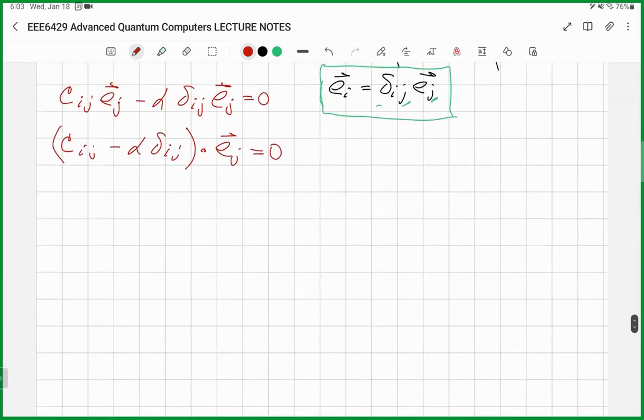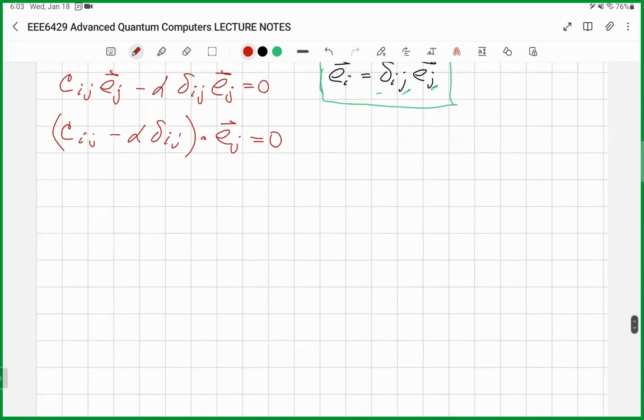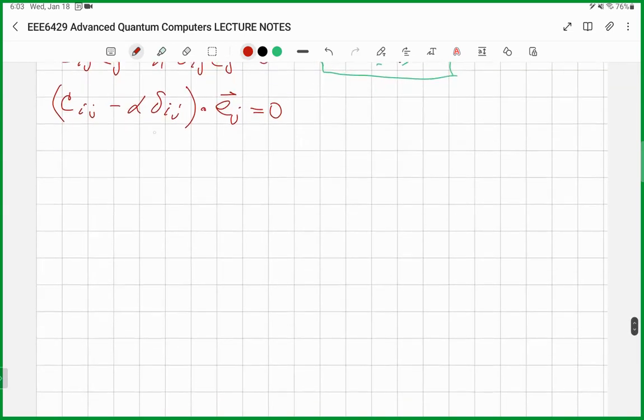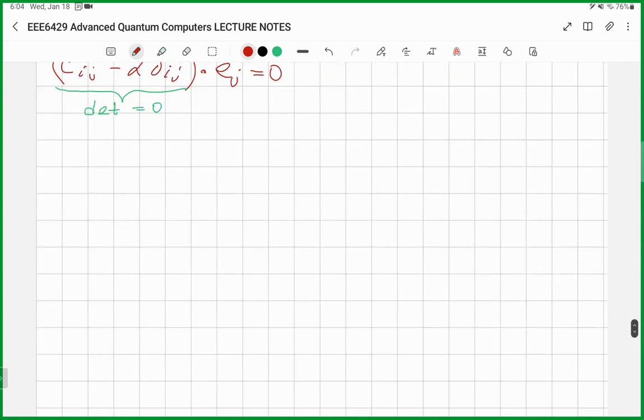So you see, this is the linear equation, actually the system of linear equations, and this system of linear equations has a solution only when the determinant of this expression here is equal to 0. Only in this case, the system has the non-trivial solutions.